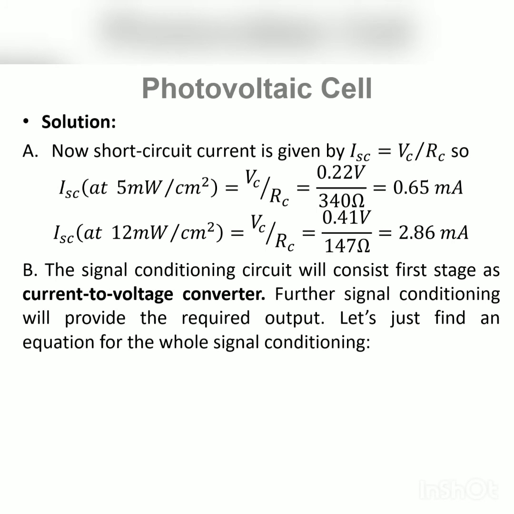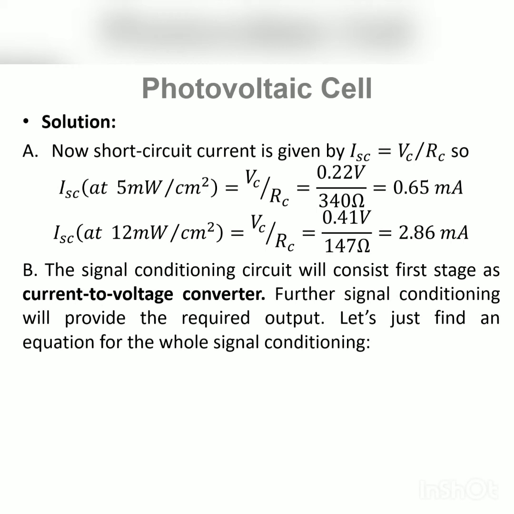Now for part B, the design of the signal conditioning circuit, it may consist of a first stage as a simple current to voltage converter using the operational amplifier. The further signal conditioning circuit will provide the required output.